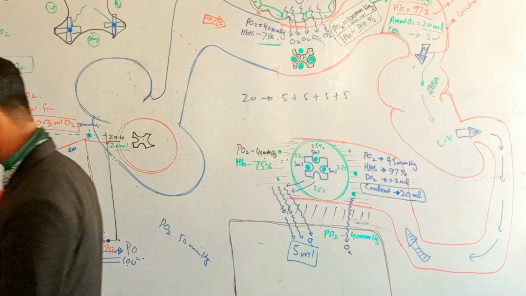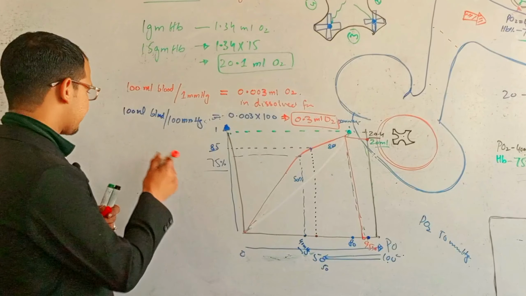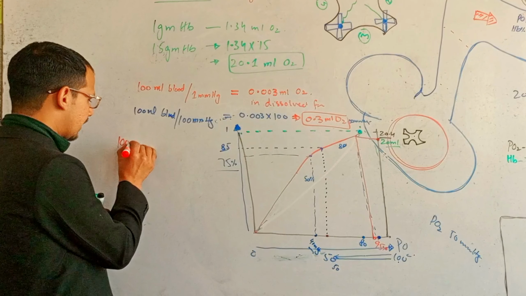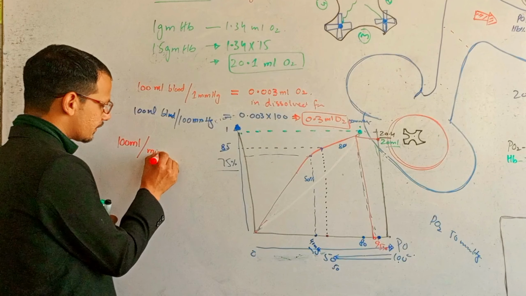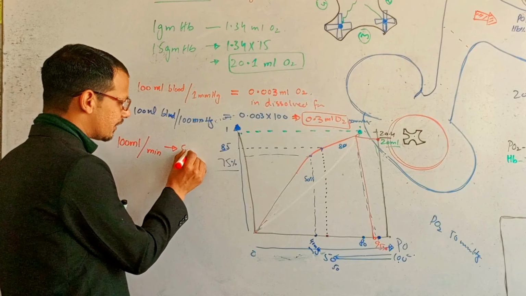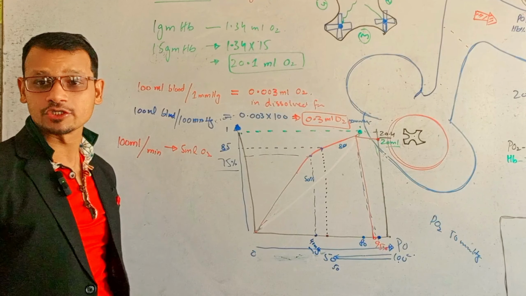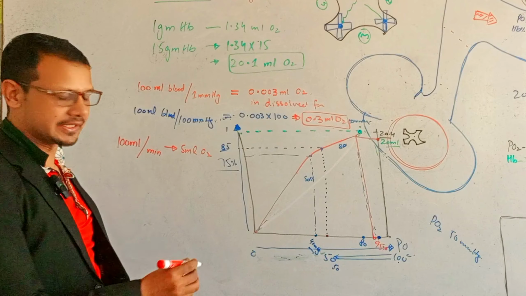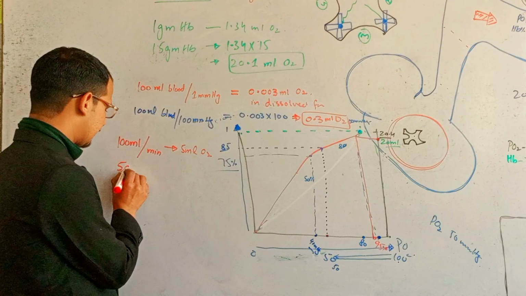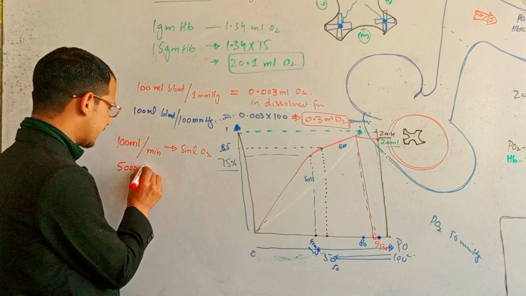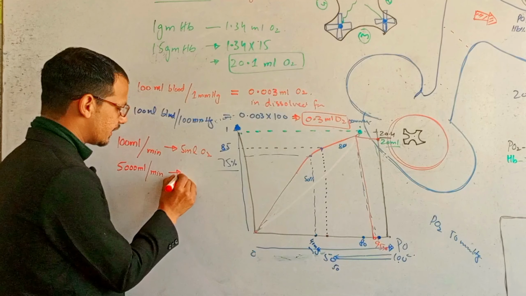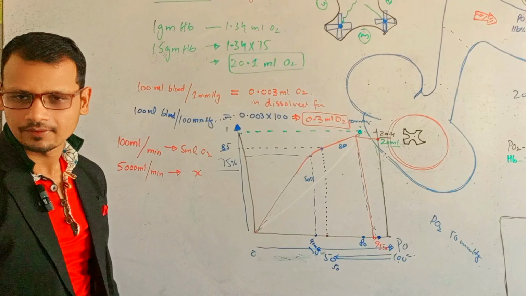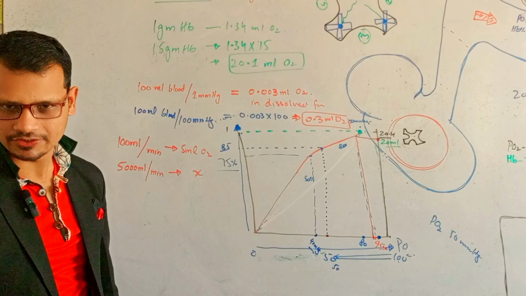For example, come here, if 100 ml of blood per minute gives 5 ml of oxygen to body tissues, and one cardiac output is 5000 ml of blood per minute, how much oxygen will it give to body tissues, right?